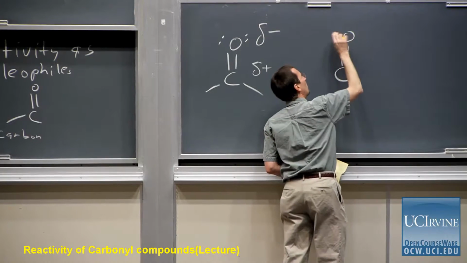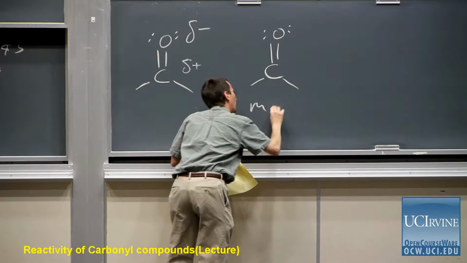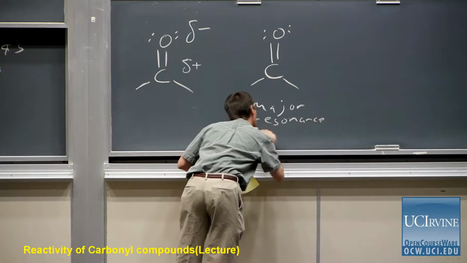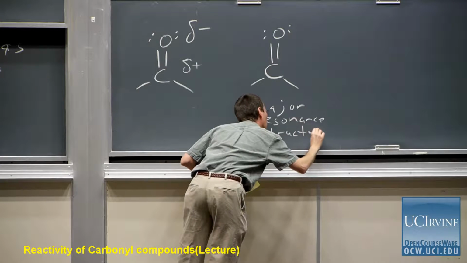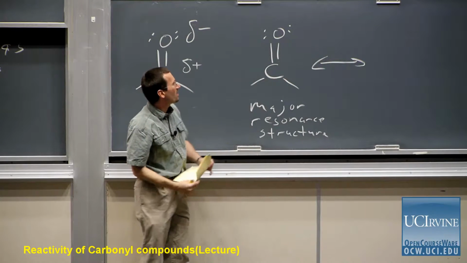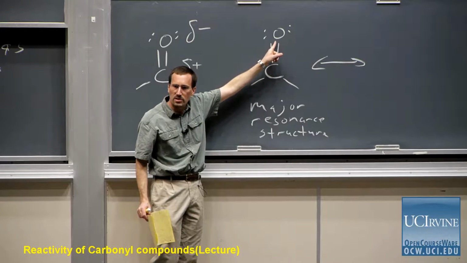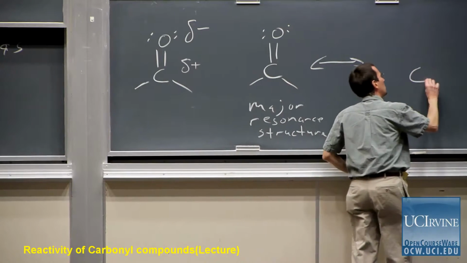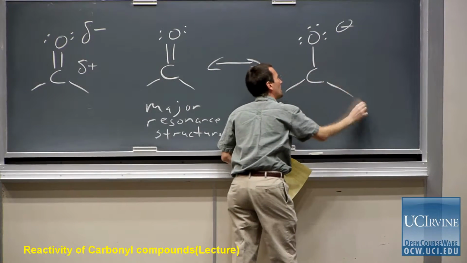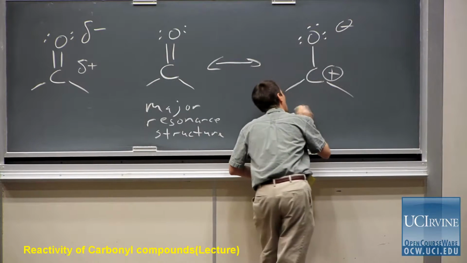And so we can think of the carbonyl group as having a major resonance structure, and also a minor resonance structure in which instead of having a double bond and a complete octet for carbon and a complete octet for oxygen, we represent the minor resonance structure as having a single bond with a full negative charge on oxygen and a full positive charge on carbon.